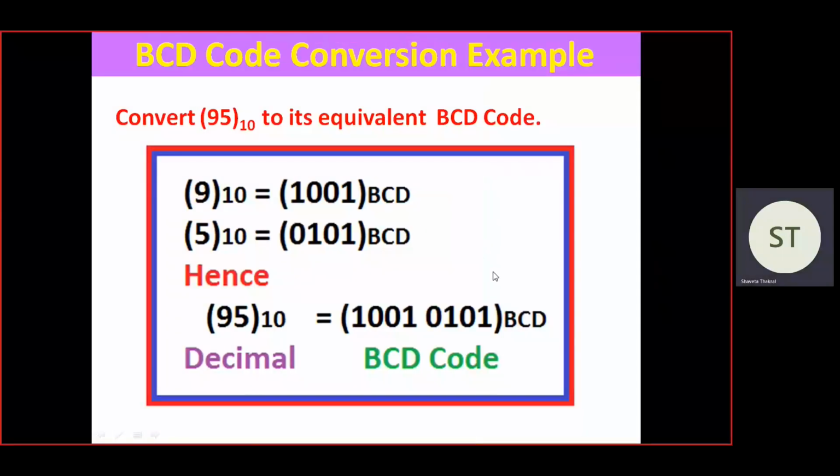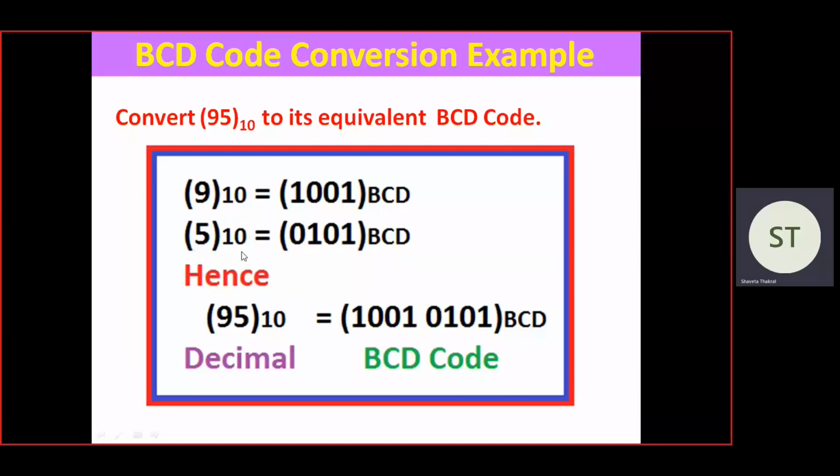For example, if we take the BCD code conversion for the decimal value 95 that we need to convert to BCD, we take 9 as a decimal digit separately and 5 as a decimal digit separately. For 9 we write the binary equivalent in terms of 4 bits, that is 1001, so that will be its BCD equivalent.